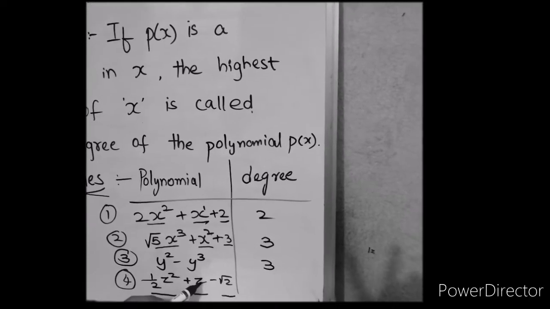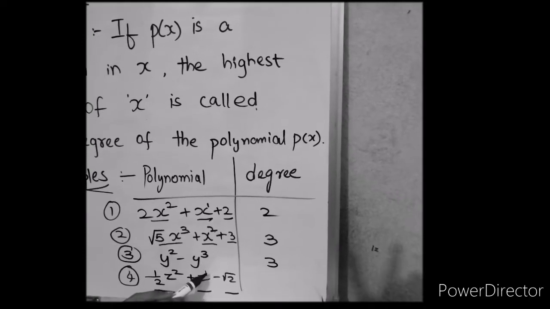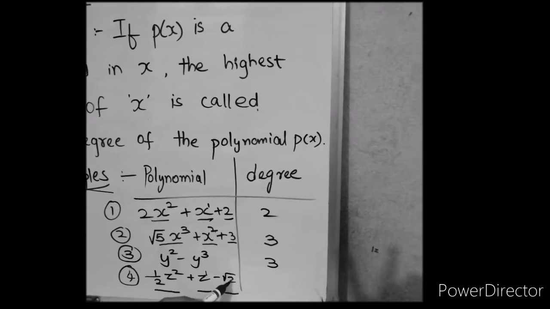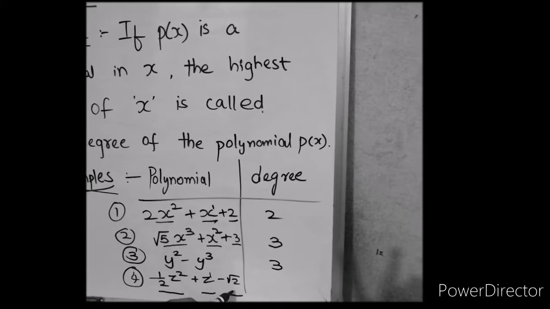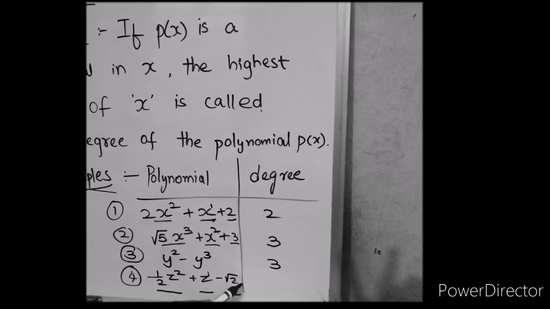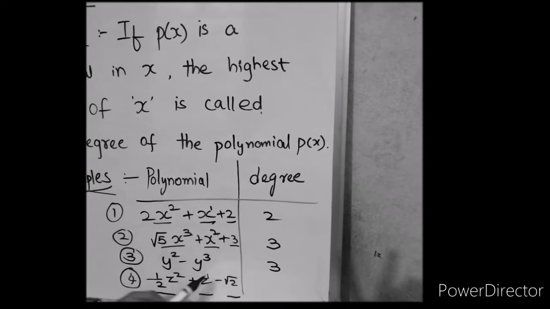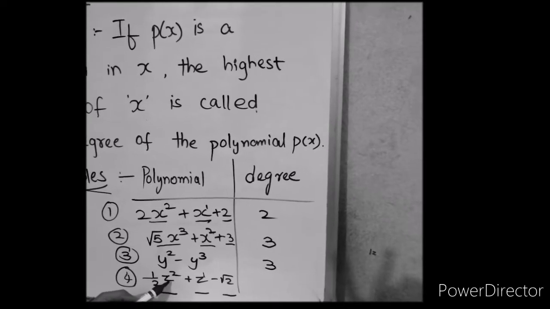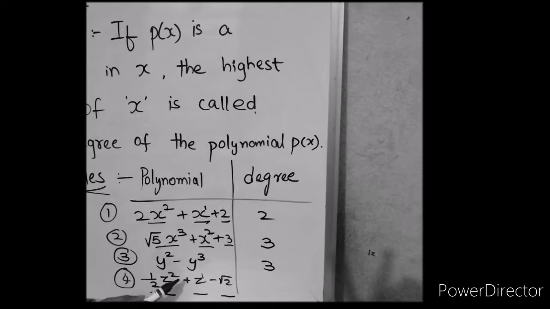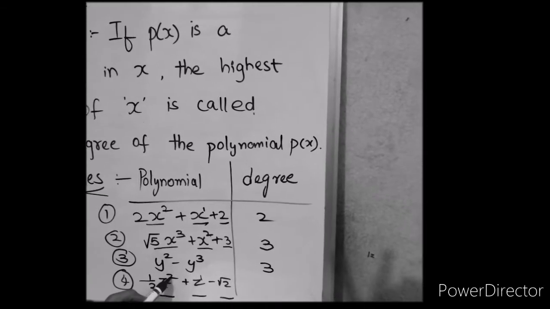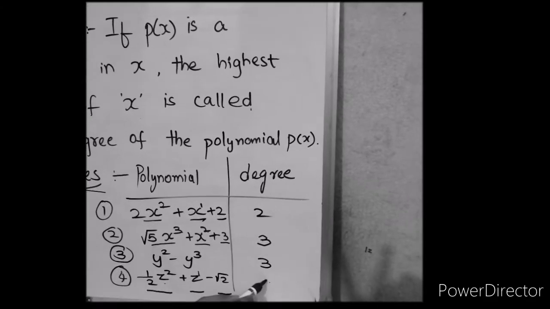The power of the z in the second term is 1, because nothing is there in the power, we have to write it as 1. And looking at the third term, it is minus root 2. Because we don't have the z term, which is a variable, it is called a constant. Therefore, now we have to check which is the highest power of the variable z here. By looking at here, I can say that 2 is the highest power.